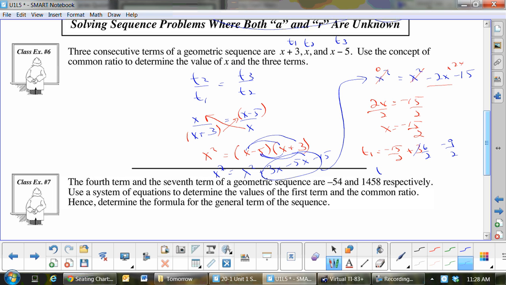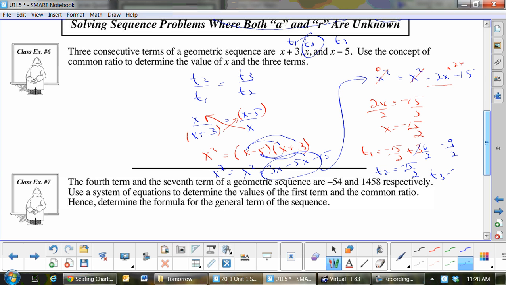Now T2, that's how all math should be. What's the answer to T2? Negative 15 over 2. T2 is x. And T3, see, look up here, T2 is x. I'm not just making this stuff up. I do make up a lot of stuff, don't worry, but I didn't make that up. Now T3 is x minus 5.